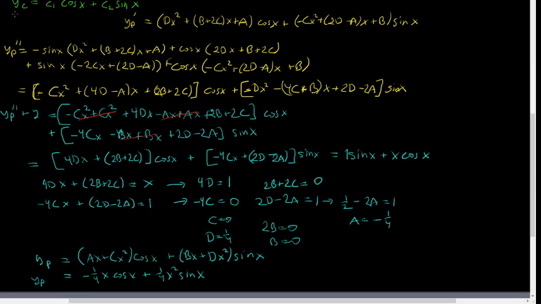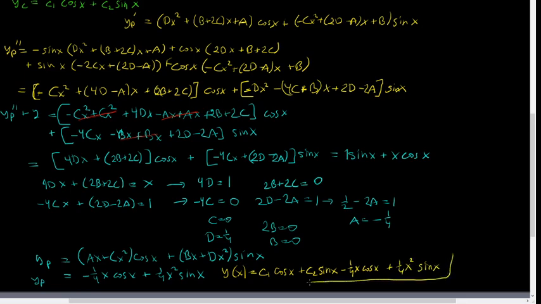So all you have to do now is, to get the general solution, add this to the complementary solution. I guess I'll do that, squeeze that in here. So your final solution should be c1 cosine x plus c2 sine x minus 1/4 x cosine x plus 1/4 x squared sine x.